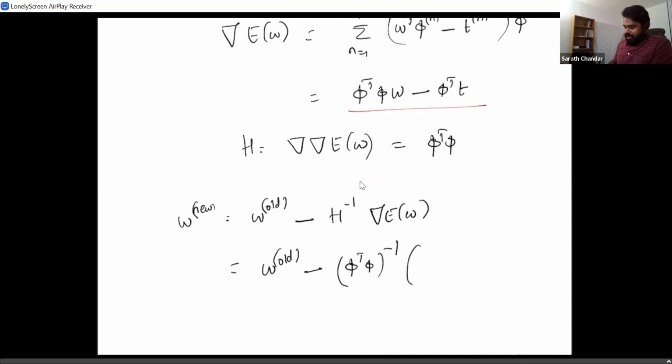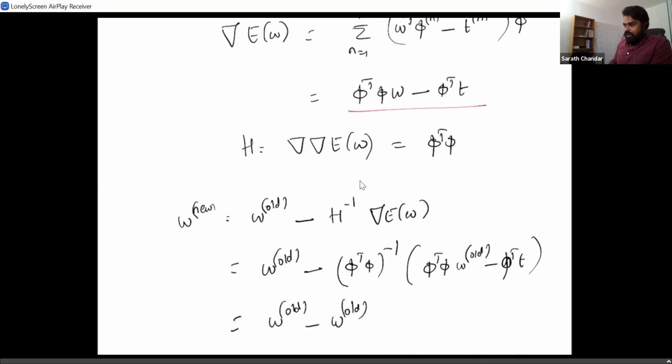The gradient is given by phi transpose phi W old minus phi transpose T. Okay, so now you multiply the first term, the inverse cancels, so it just becomes W old.